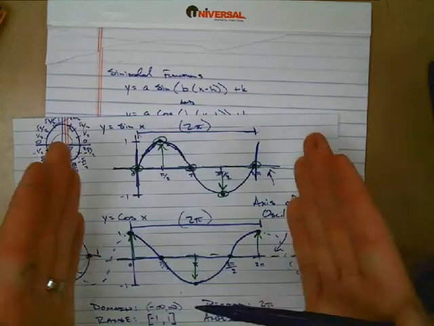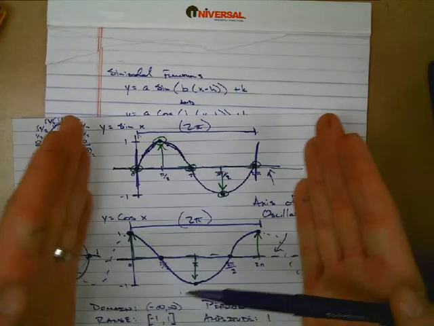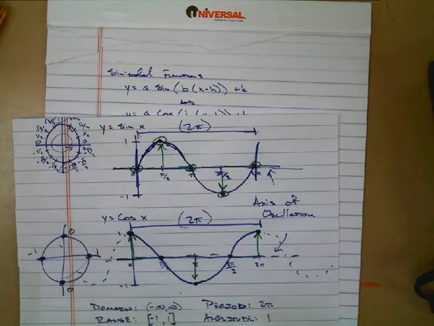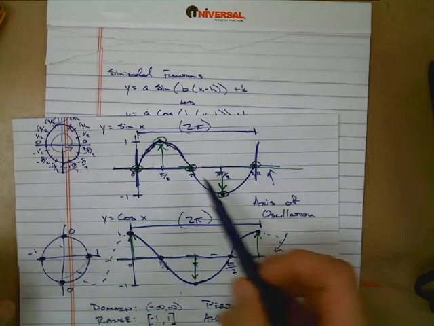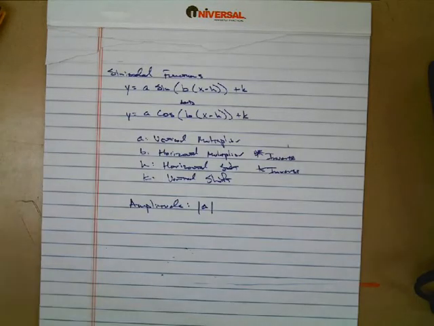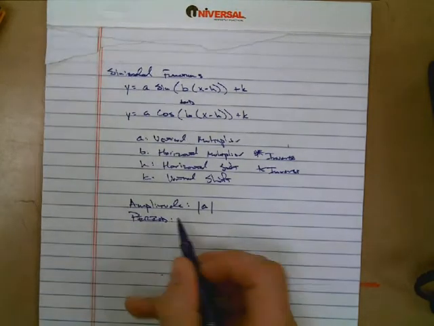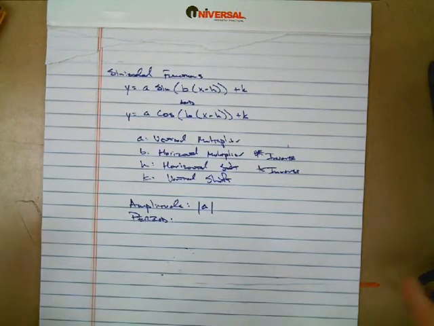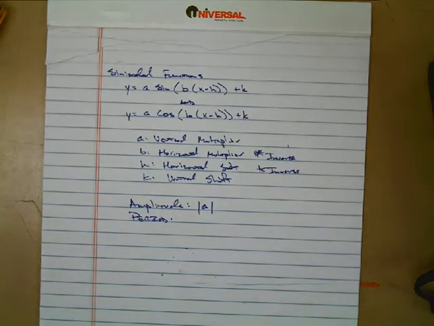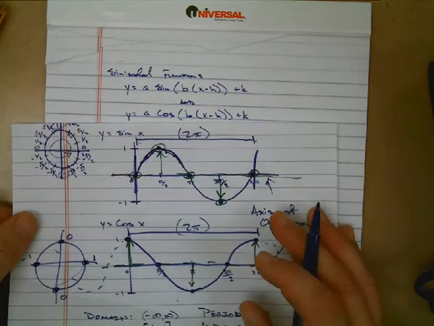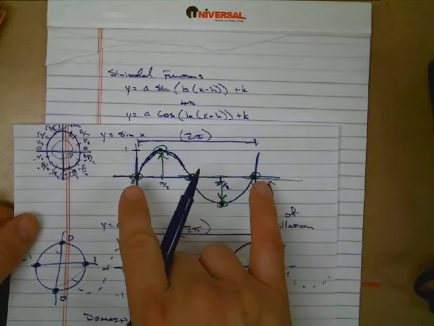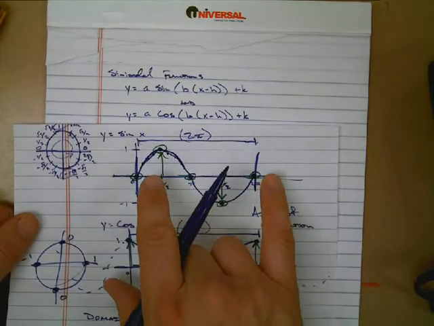The period is the distance horizontally that our parent function originally takes up for each rotation, which is 2 pi, and we are going to contract by a factor of b or expand by a factor of b, so we're multiplying or dividing. So what we find is the period will always be 2 pi over whatever the b value is.